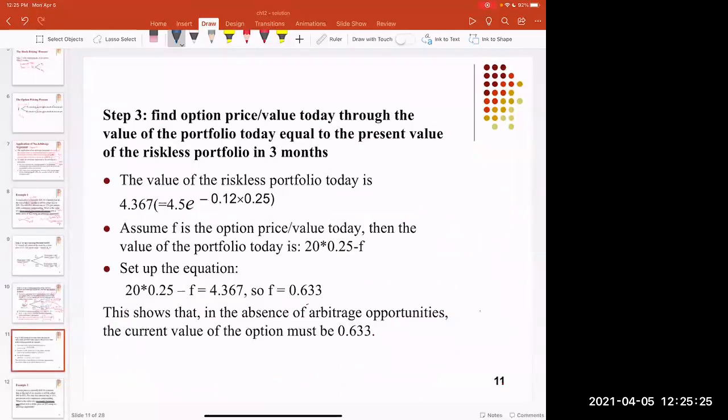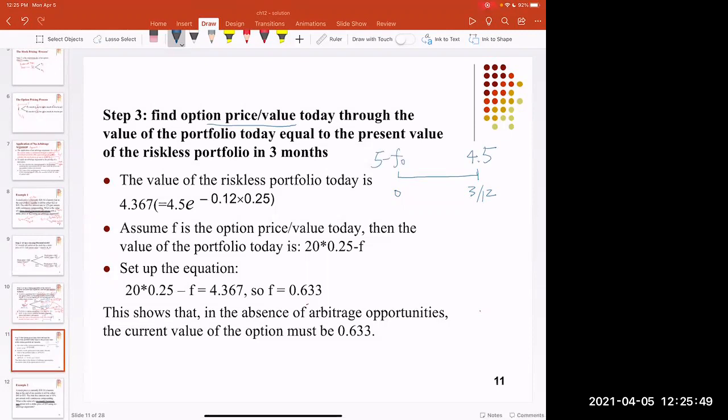Step 3, find the option price: the value of the portfolio today equals the present value of the risk-free portfolio in 3 months. We know this is 3 months, right? And the portfolio value at the expiration day is 4.5, and today's value is 5 minus F0.